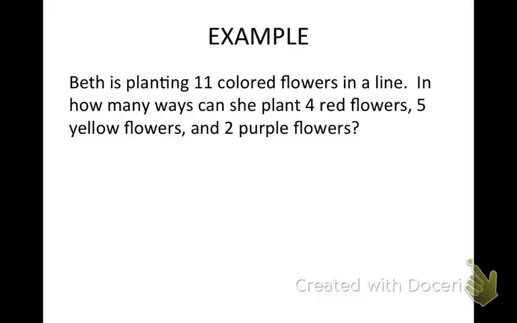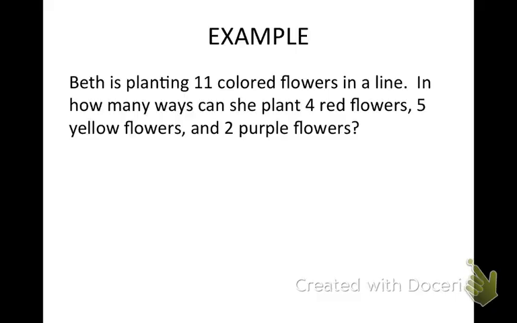So here we got Beth. She's planting 11 colored flowers in a line. In how many ways can she plant 4 red flowers, 5 yellow flowers, and 2 purple flowers?